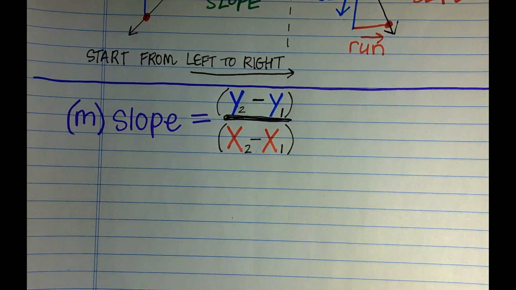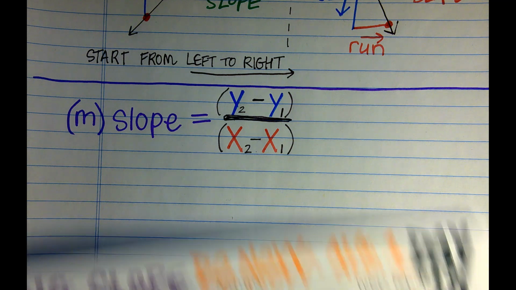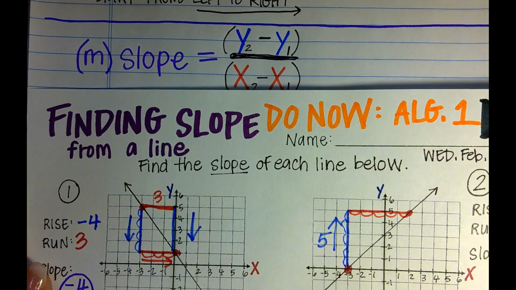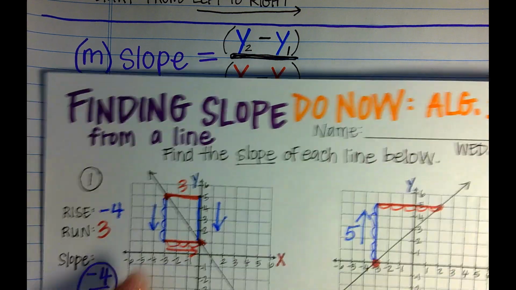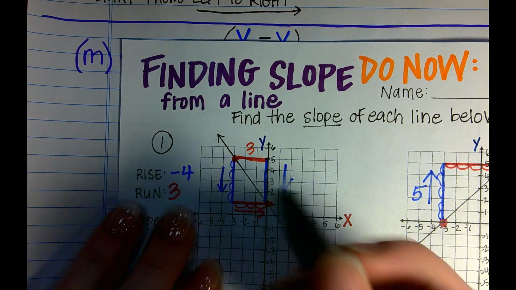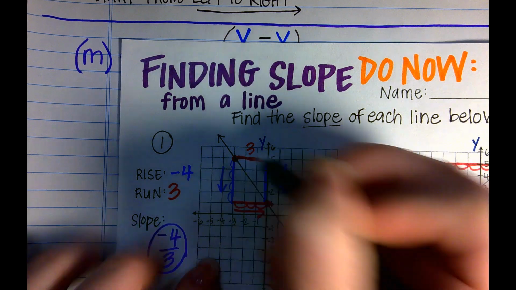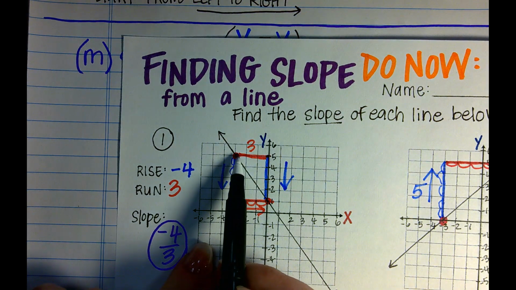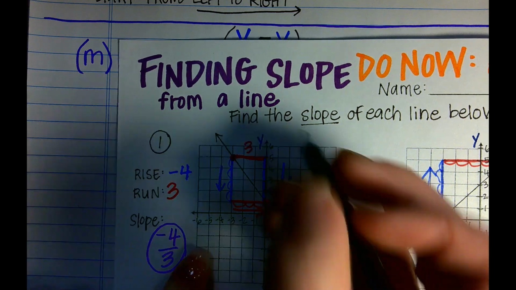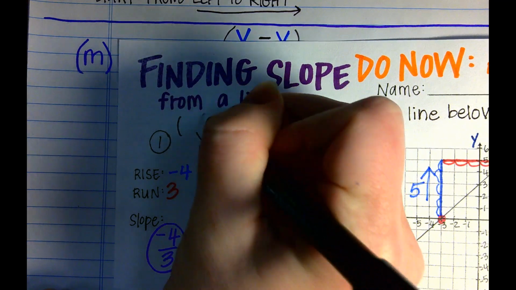So here's what I'm going to do. I am going to pull this little worksheet back up. And let's use the points from the lines that we just found slope for. So on number 1, what is the coordinate of this very first point here? What's my x value?